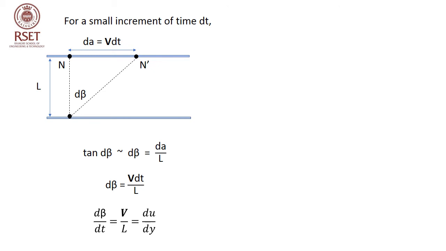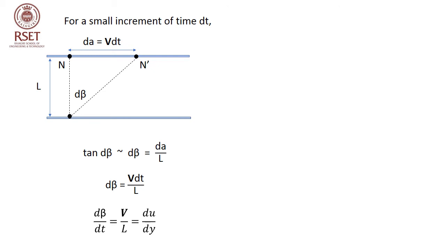If d beta is very small, tan d beta is approximately equal to d beta, which is equal to dA divided by L, which is equal to V into dt divided by L. Or we can write d beta divided by dt will be equal to V by L. We have already defined V by L as equal to du by dy from the velocity profile. So d beta by dt will be equal to du by dy.